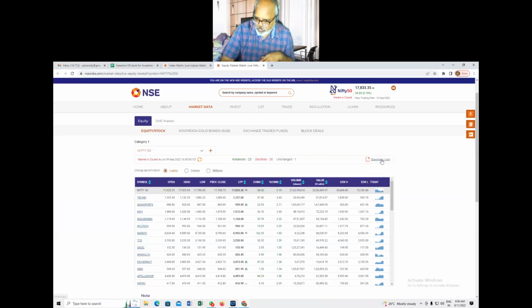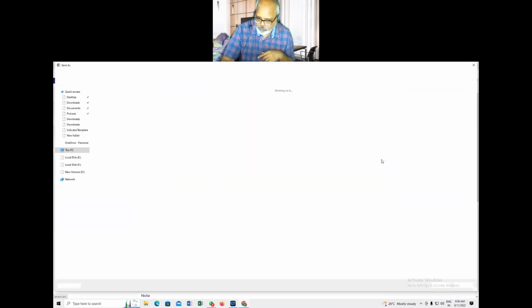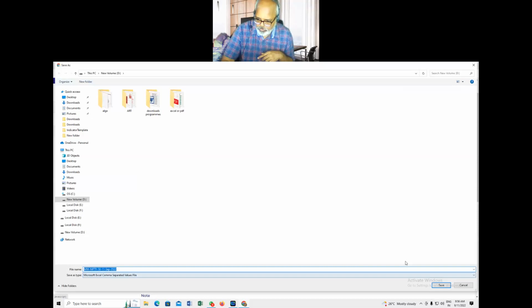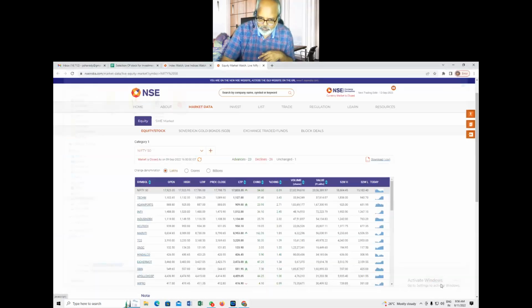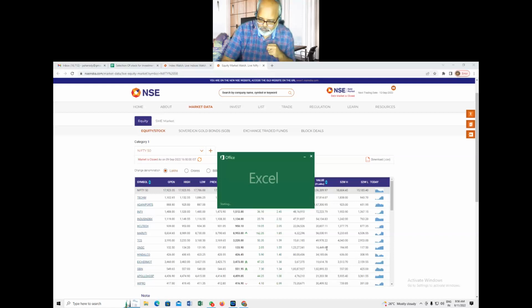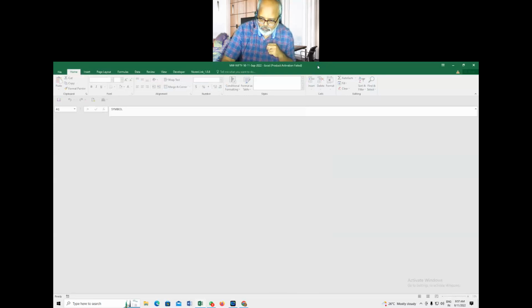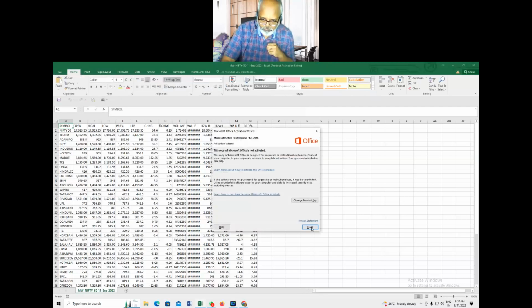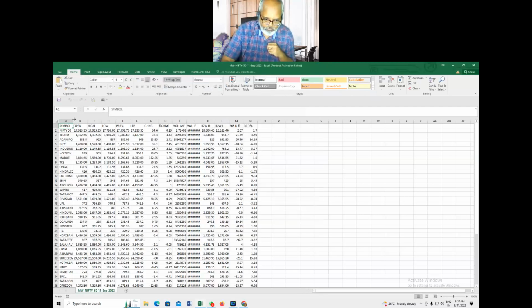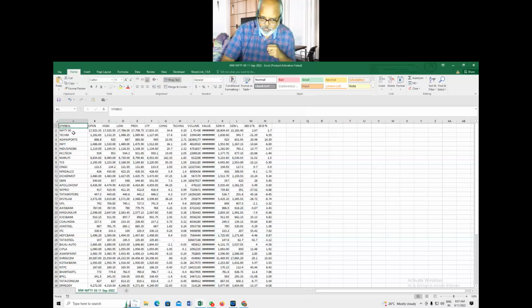Here I can use the download CSV file option, download it and save it on my system. This is the Nifty 50 stocks list.